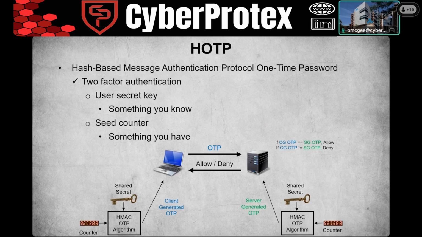It deals out what's called a one-time password. In this case, the HMAC, the hash-based message authentication code, allows two-factor authentication: the user has a secret key, which is something you know, and the seed counter is something you have.